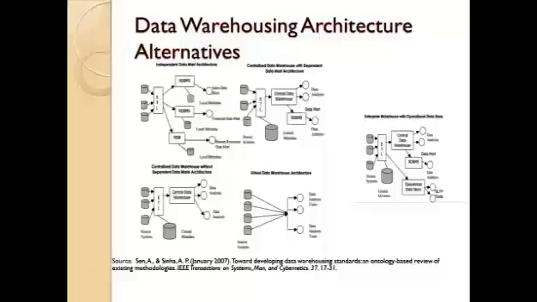The advantage, of course, is that it's less expensive, but the disadvantage is that those data marts may not be integrated. You may have redundant or inconsistent data among the different data marts.